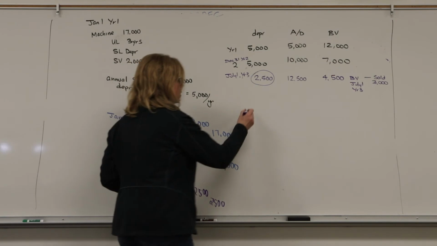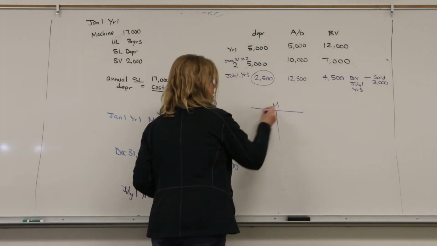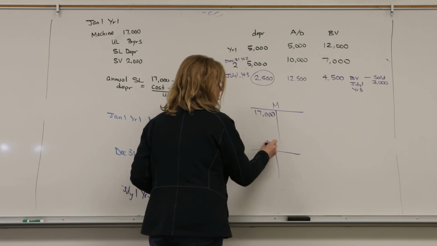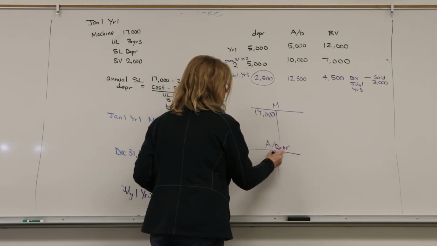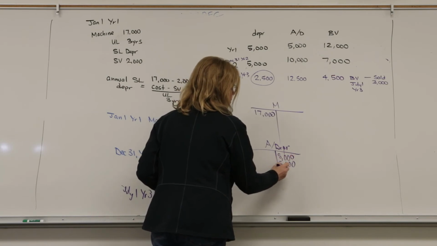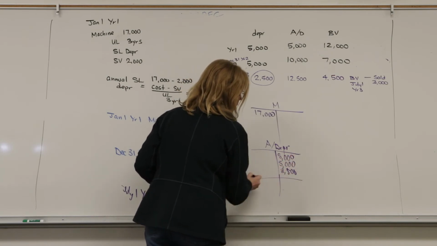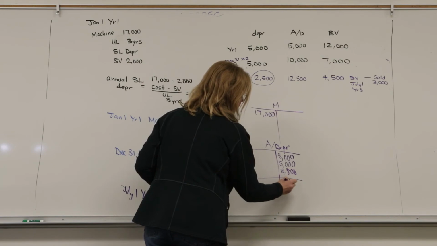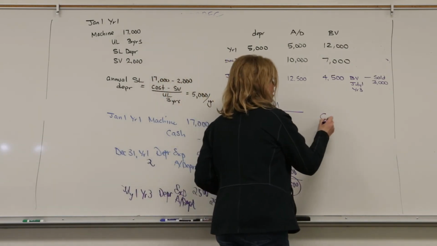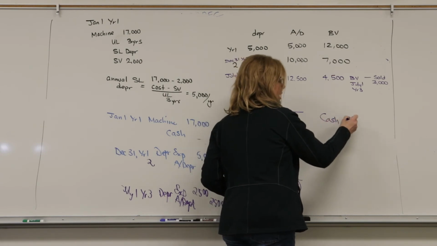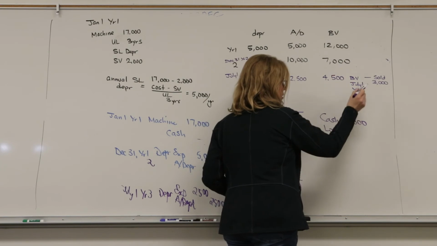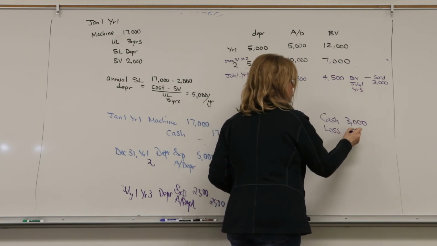And at that point, let's look at our T accounts. I've got machinery, $17,000. I've got accumulated depreciation, right, $5,000, $5,000, $2,500, or $12,500. We got cash of $3,000, so I would debit cash $3,000. If we have a loss, losses are debits, the loss is $1,500.